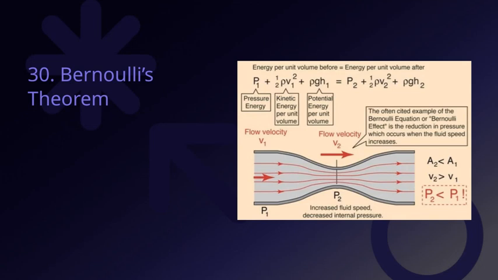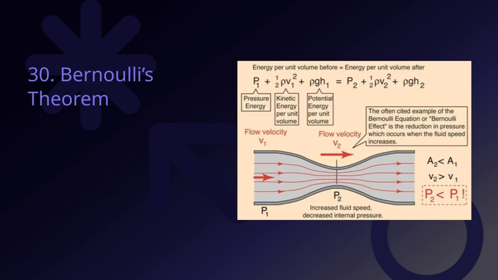Now let's take a closer look at Bernoulli's theorem, which is a fundamental principle in fluid dynamics. At its core, Bernoulli's theorem explains how the pressure, velocity, and height of a moving fluid are related. It states that along a streamline, the total mechanical energy remains constant, meaning that if the fluid's speed increases, the pressure decreases, and vice versa.